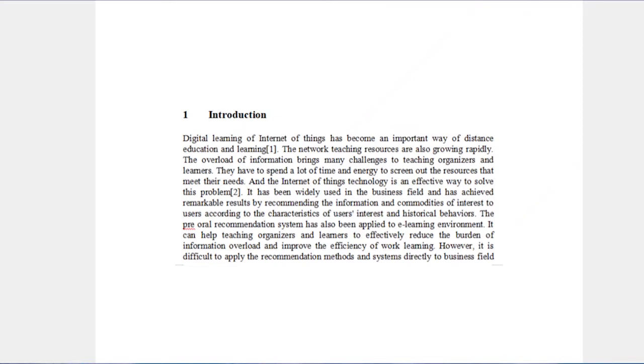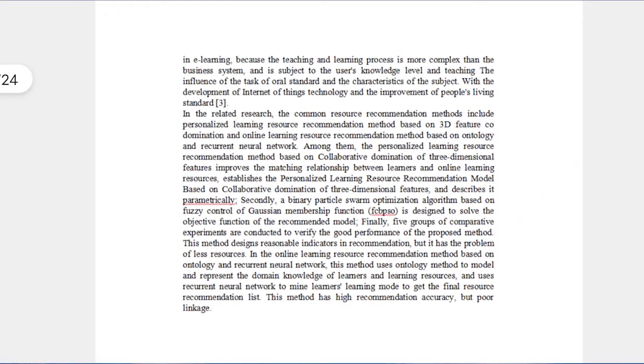However, it is difficult to apply the recommendation methods and systems used in the business field directly to e-learning, because the teaching and learning process is more complex than the business system, and is subject to the influence of the user's knowledge level, the teaching task, and the characteristics of the subject.